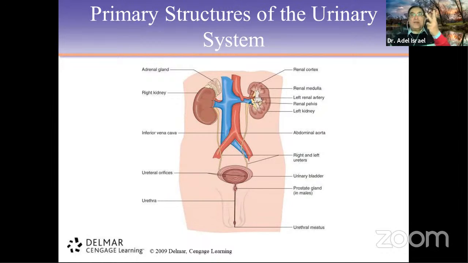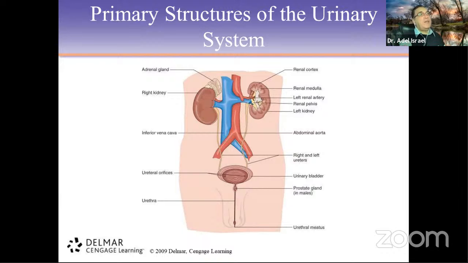Of course, we have two of them from the right and left ureter, and I need you to focus on how to spell the word ureter, because sometimes we get confused between the word ureter and urethra. So take care of this. And the third opening is the urethra.